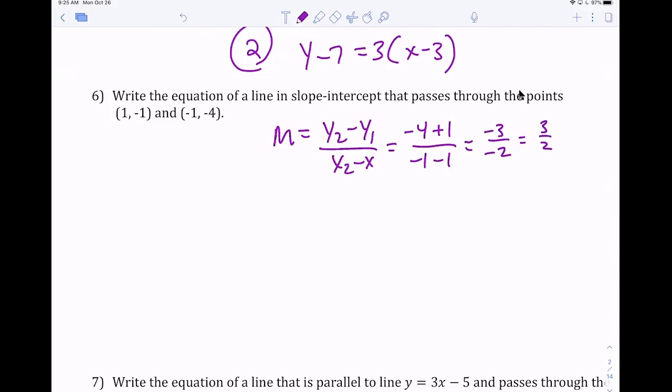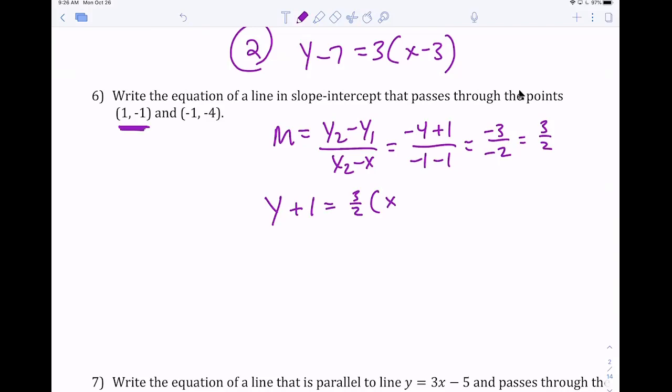So you do y plus 1, and so y plus 1 is equal to, and then what is the slope? Oh, 3 over 2. 3 over 2, x plus 1?